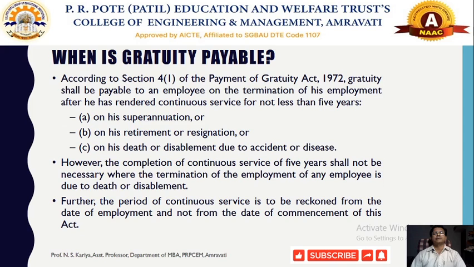Whenever the employee is terminated, or his term has been completed, or he retires on a specific date, having rendered continuous service of not less than 5 years, that employee would be entitled to the benefit of gratuity on his superannuation, retirement or resignation.